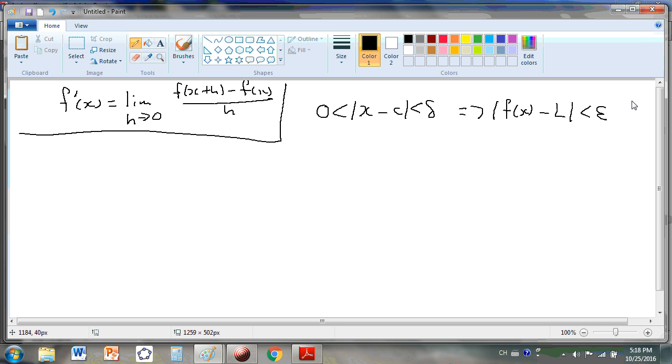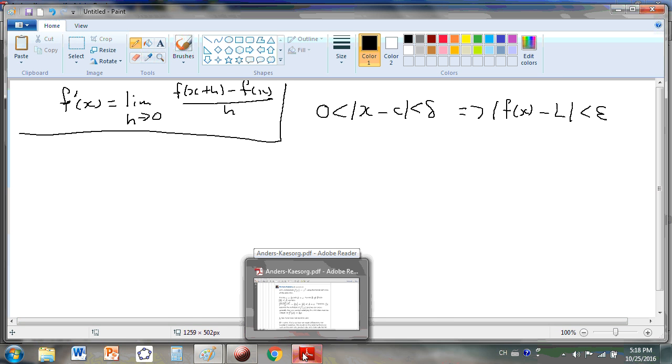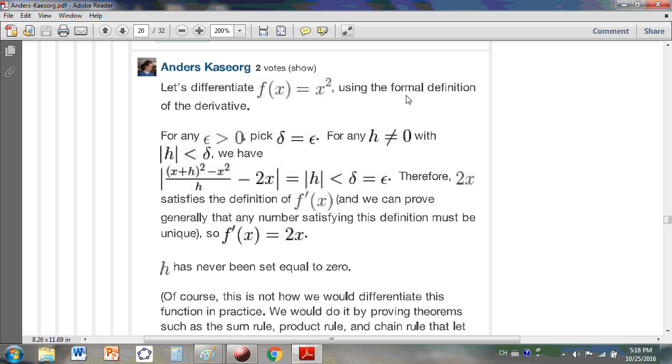So Kaesorg uses this definition in which he shows how the derivative definition is to be interpreted. If you look at the document again, it says, using the formal definition of derivative, for any epsilon greater than 0 we pick delta equal to epsilon, and for any h not equal to 0 with h less than delta we have this particular inequality here.